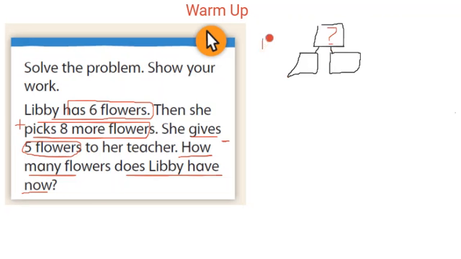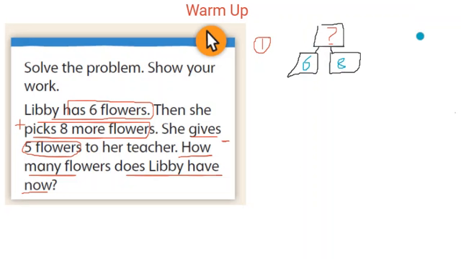And again, this is going to be step number 1. She has a couple of parts, and one part is she has 6 flowers, then she picks 8 more, so we need to get this number here, that unknown number. So 6 and 8 is equal to what?